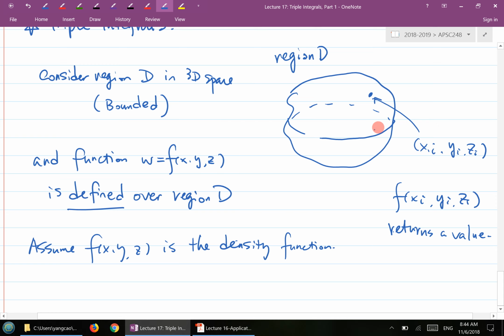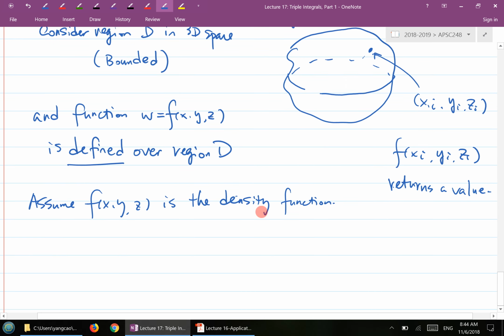We can't plot it together with the region D. If you have a fourth dimension, you can plot it, but then you can't visualize it. Our mind doesn't work like that. So we can visualize it as something aside from this dimension here, but associated with the values at the points inside the region D.